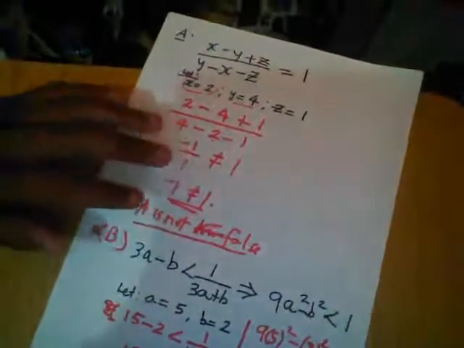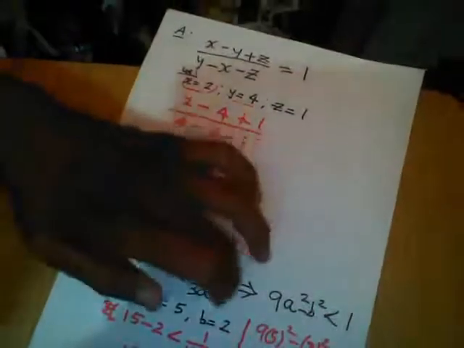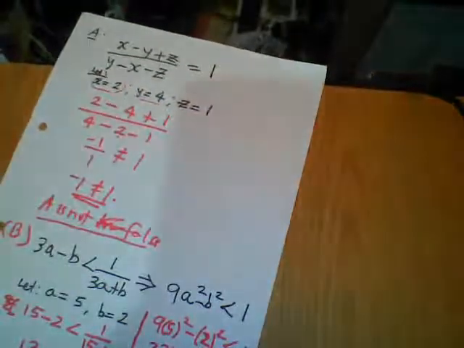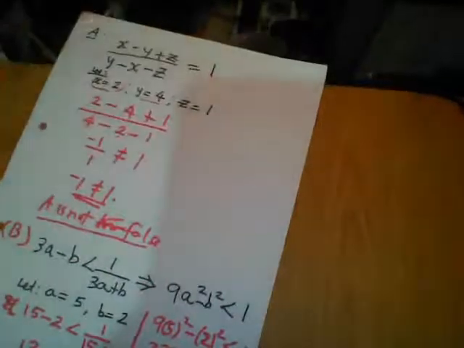Because they say if that number is less than this, then this is going to be less than 1. No, it's not true. Okay, let's go for C. So A and B are not true.